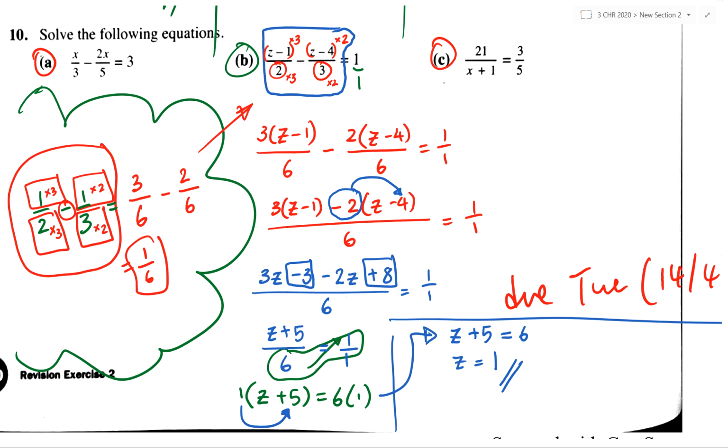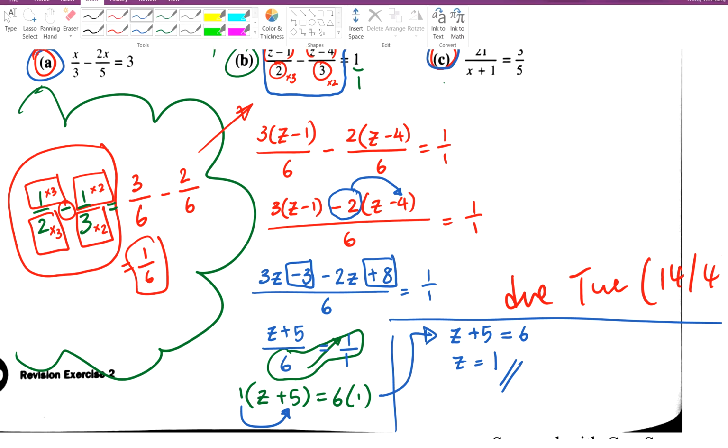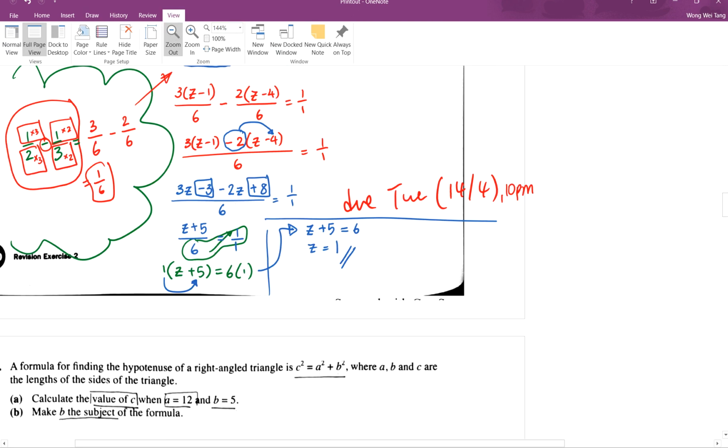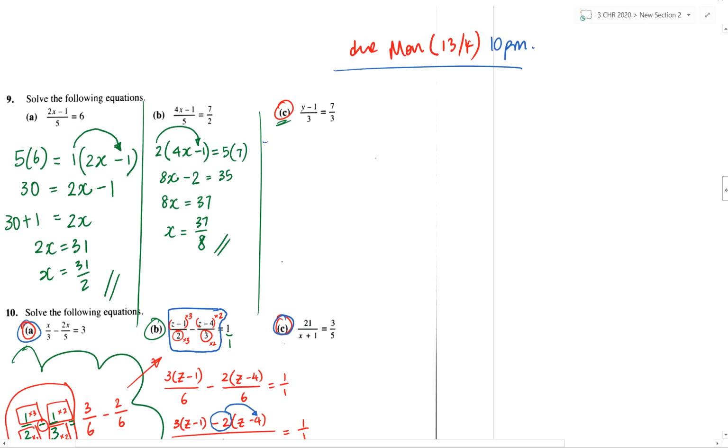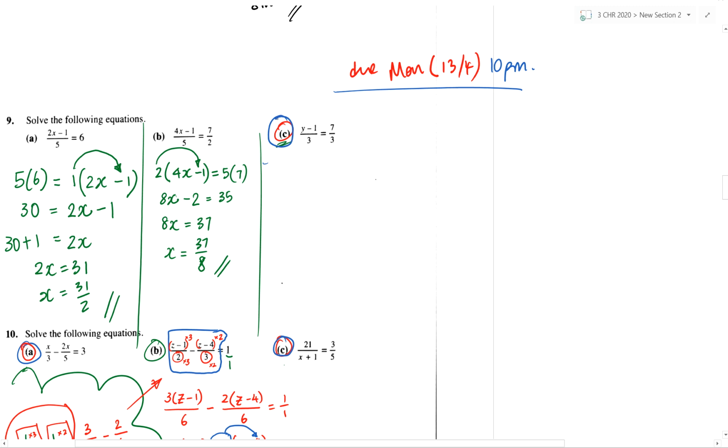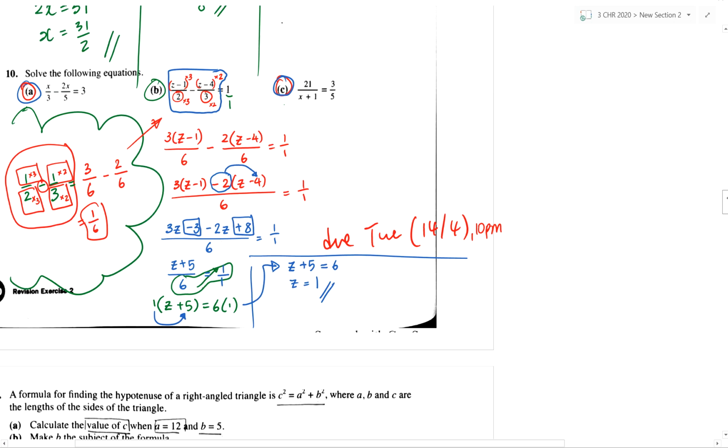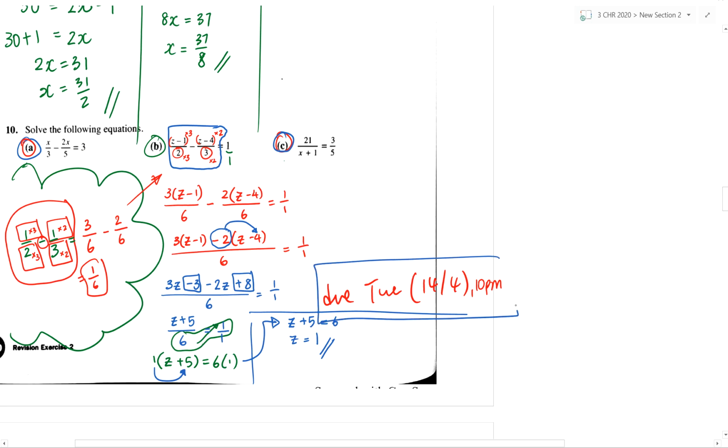Now please complete part A, part C for question 10, as well as part C for question 9. All this is due today, 10 p.m. After you have done your work, please check according to the work solution that I have uploaded.